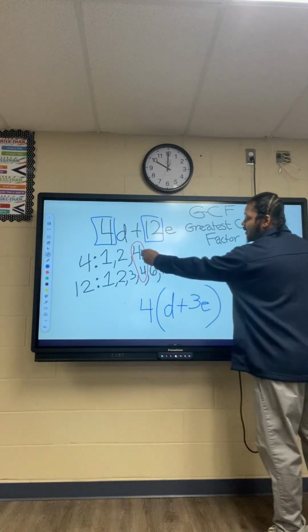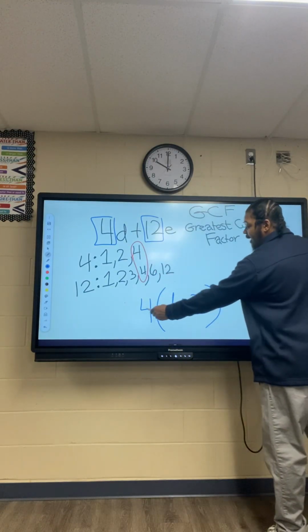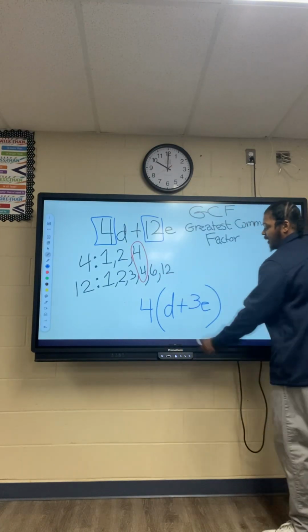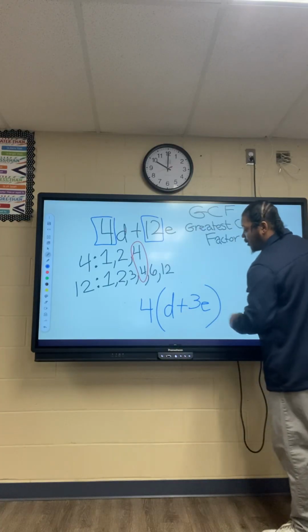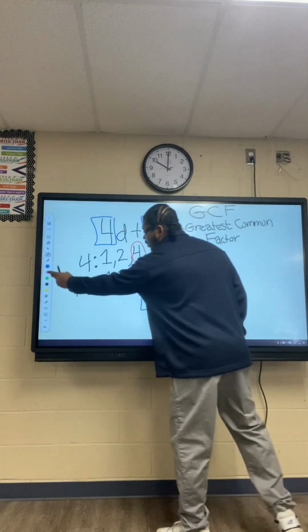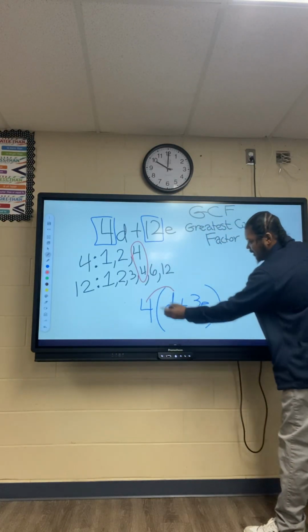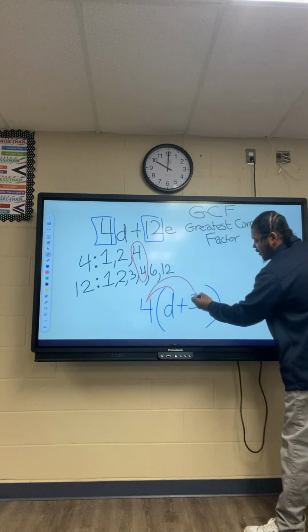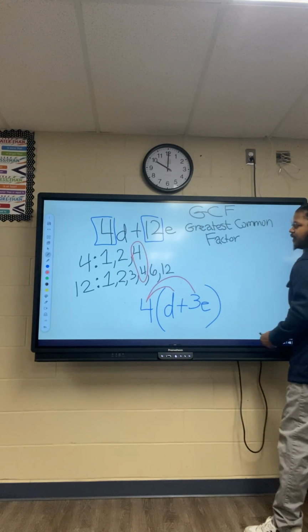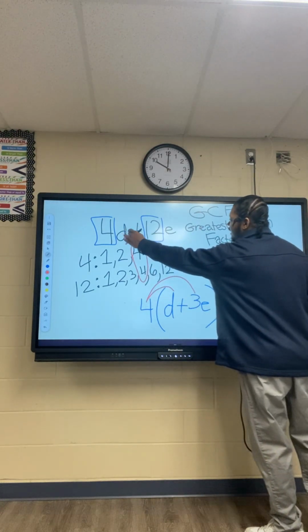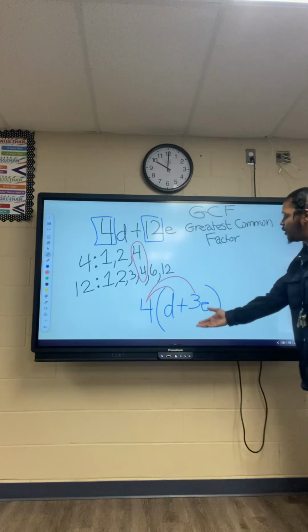The number that you find to be the greatest common factor, you're gonna put that outside of your parentheses, okay? And then you're gonna begin to use that number to multiply, okay? So just a reminder of the distributive property. You're taking this 4 and multiplying it by the D. And then you're taking this 4 and you're multiplying it by 3E. And that's how you get 4D plus 12E. And that's an equivalent expression.